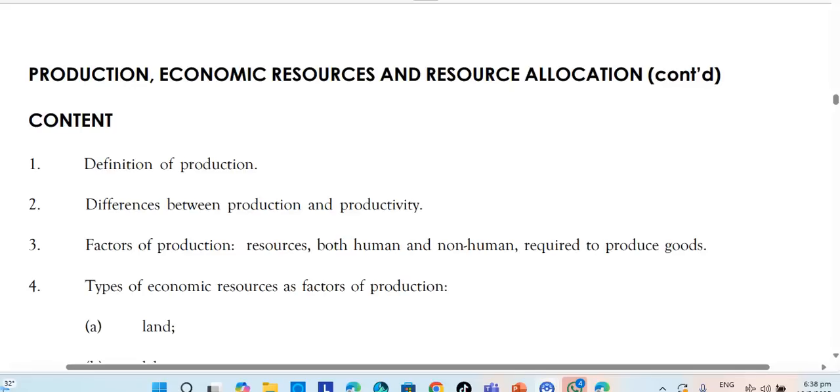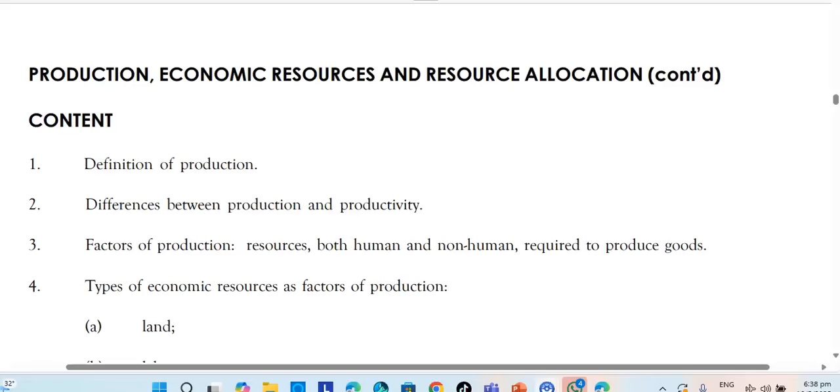Now we're going to look at the four factors of production individually. Let's start off with land. Would you consider land to be a non-human resource or a human resource, or both? Very good. Land is a non-human resource. All natural resources used in production.